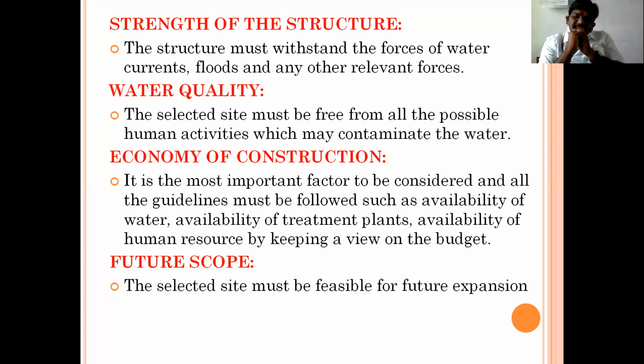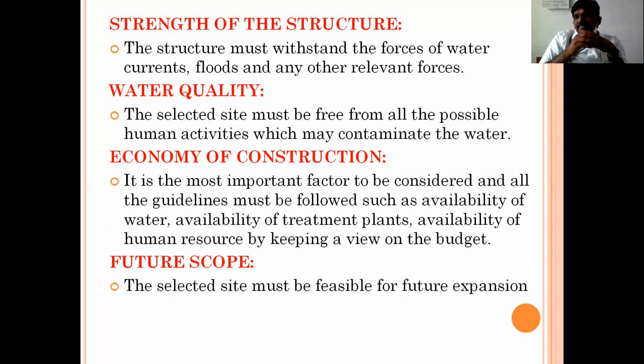I said that you are going to construct these intakes at river banks, and regularly we observe that at the banks of rivers and lakes there is more possibility of contamination of water due to human activities. You must select a site where human activity is less or absent. Then only will you get good quality of water through the structure.